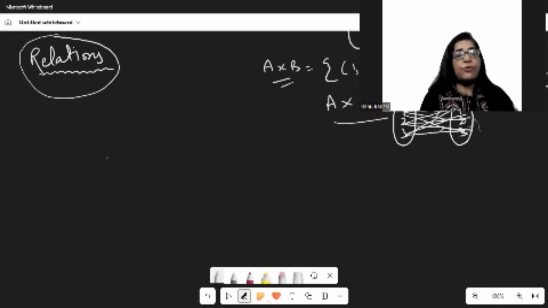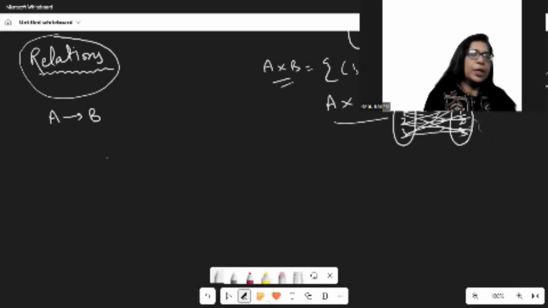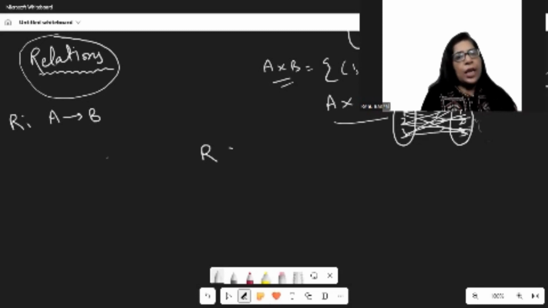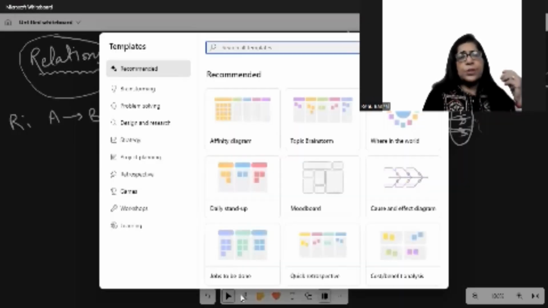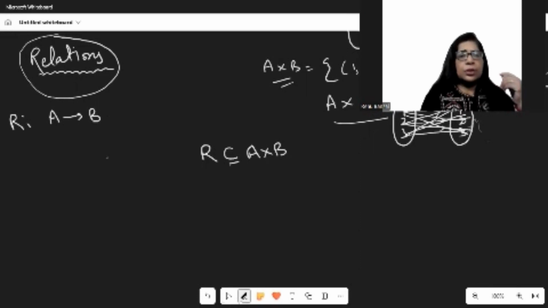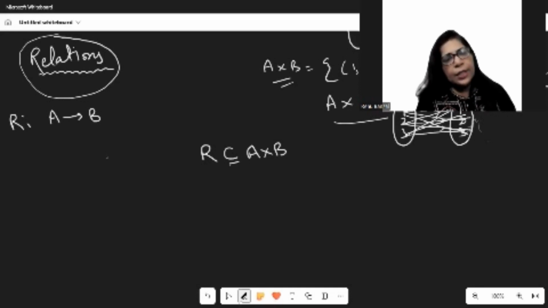That means if we are talking about a relation from our set A to the set B, that relation will be a subset of A cross B. Now you can put this sign or remove it, it's up to you, because in a subset, bacha, this relation will be a smaller part of this Cartesian product.